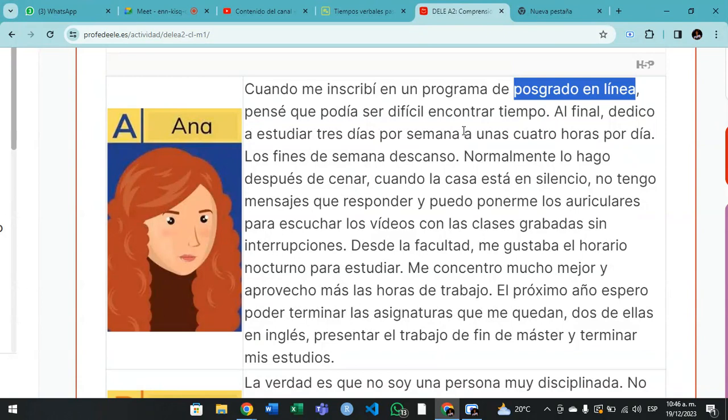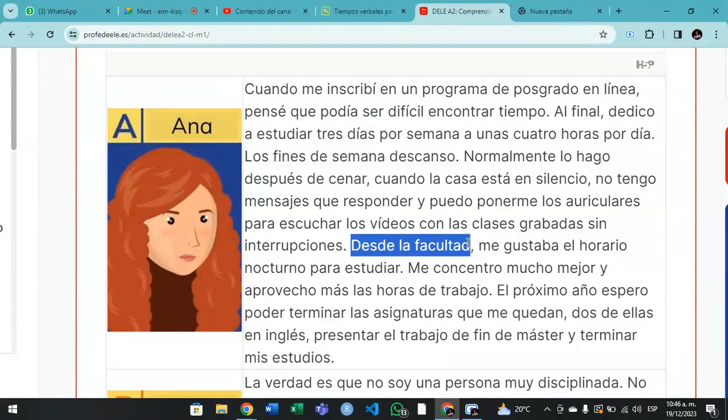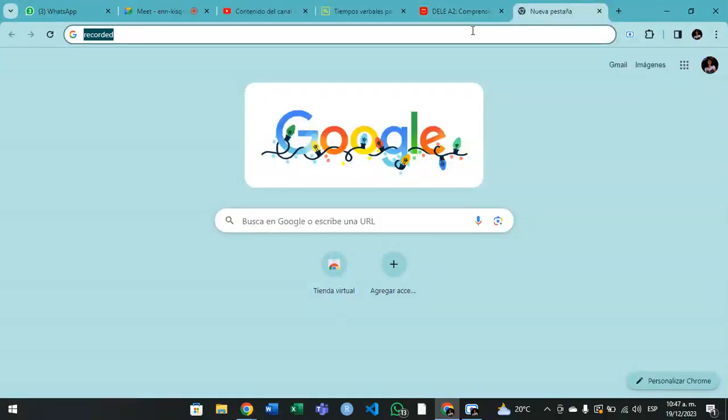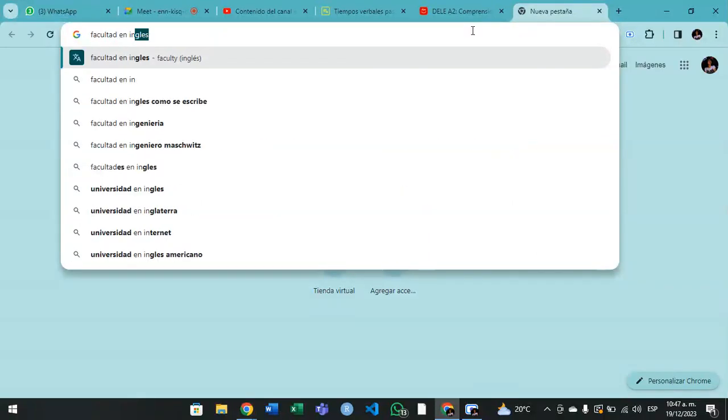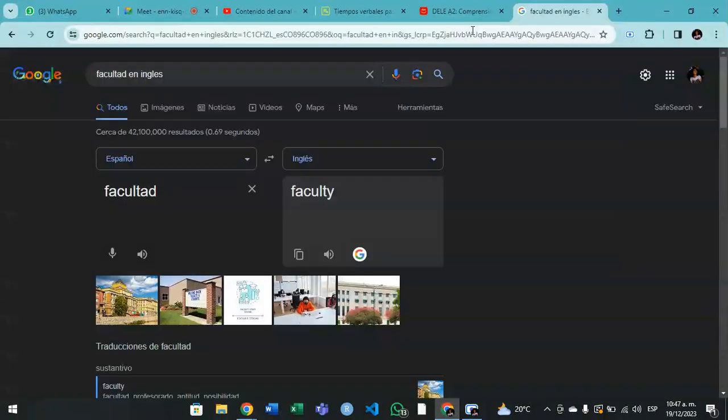There's one more. Desde la facultad. Yeah, I don't know how you call that, but when you're studying, for example, any engineering, all of the engineering is in the same faculty, but I don't know if this means the same.